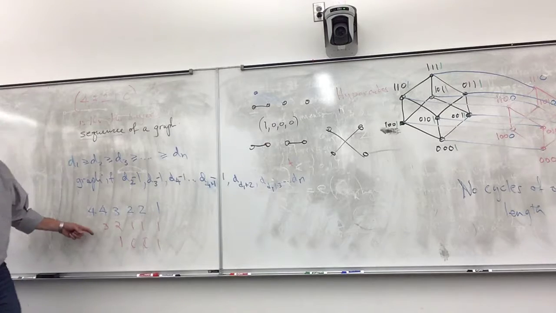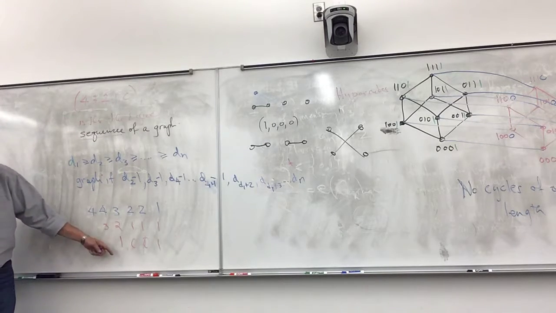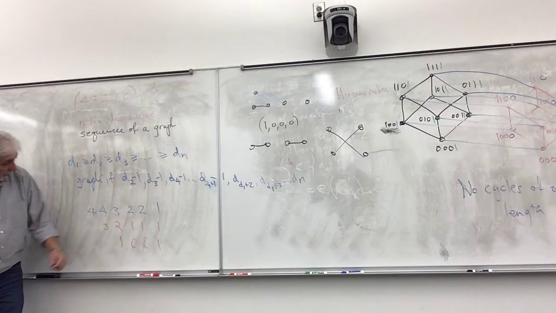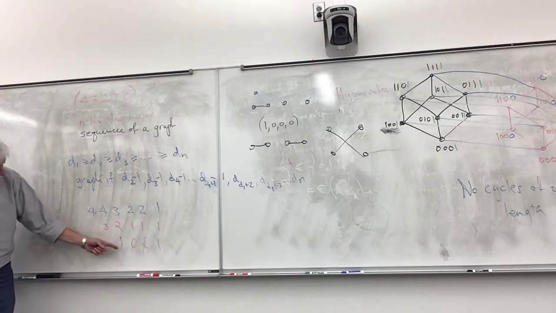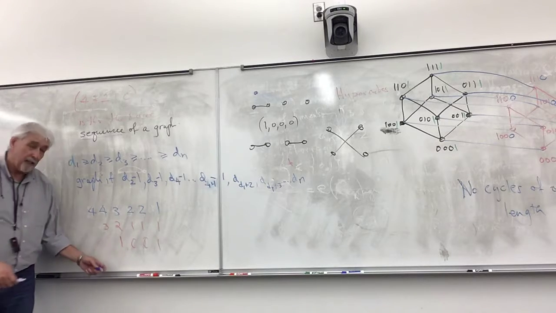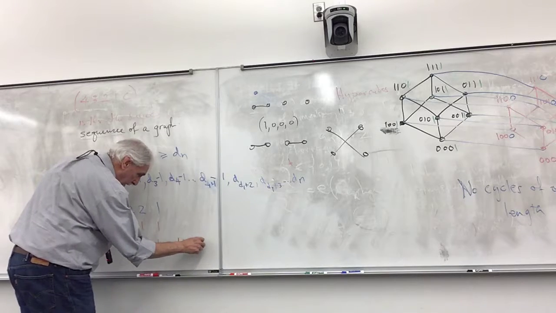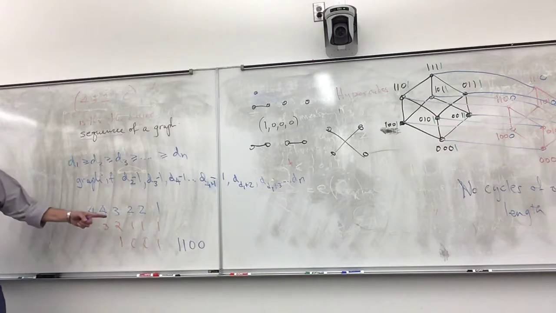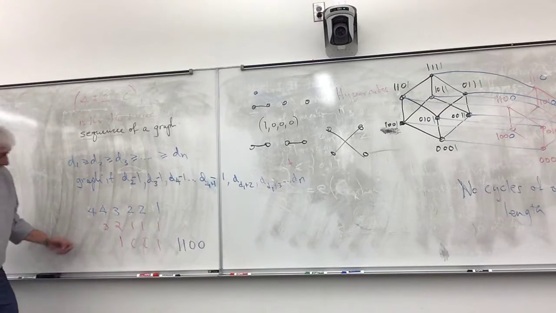Okay, here's my 1, 0, 0, 1, and the vertex of degree 3 has got to go to the next highest ones. So the first thing I'm going to do is order it for the highest degrees: 1, 1, 0, 0.